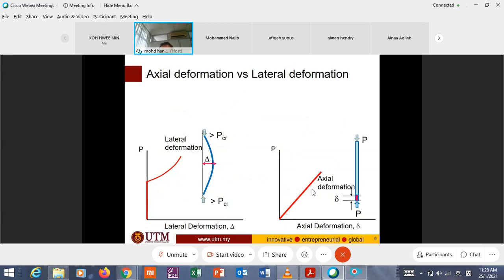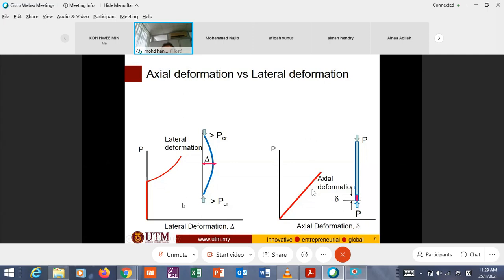We call it axial deformation delta. As long as you increase the loading, it starts to deform, in this case shortening or contracting, becoming shorter because it is in compression. This is the difference between lateral deformation and axial deformation.